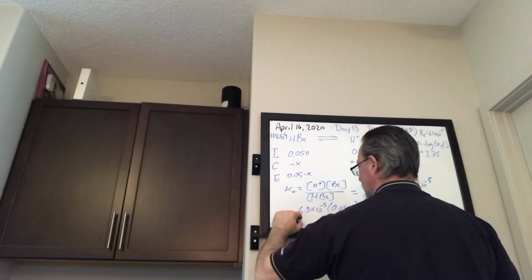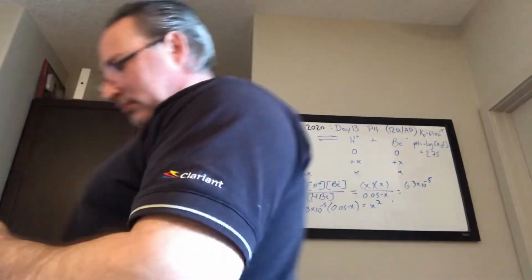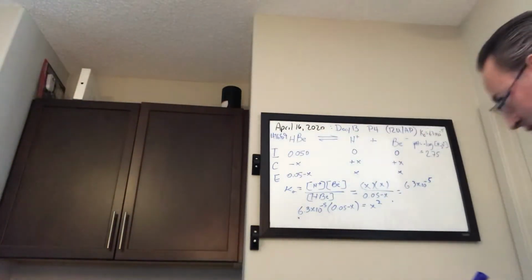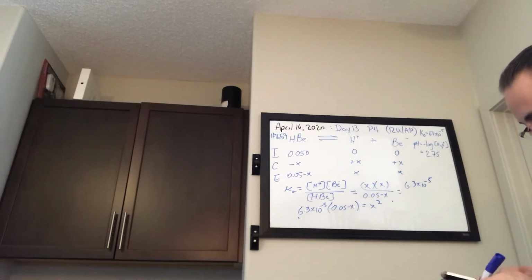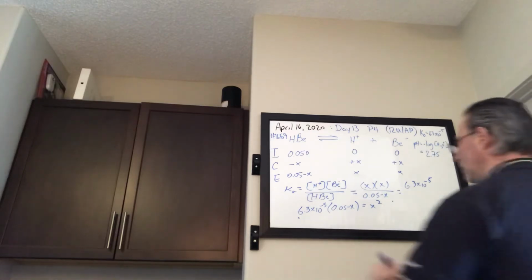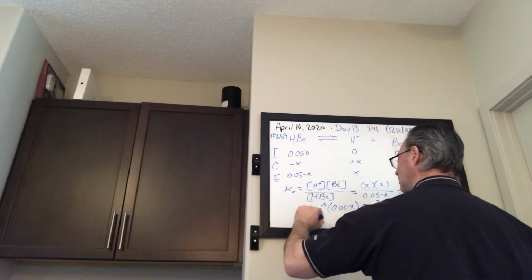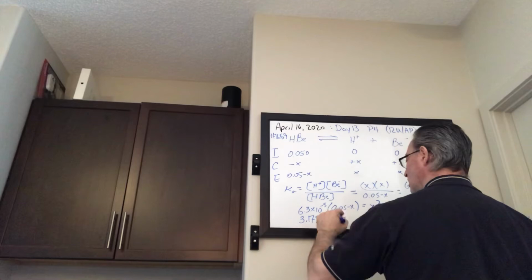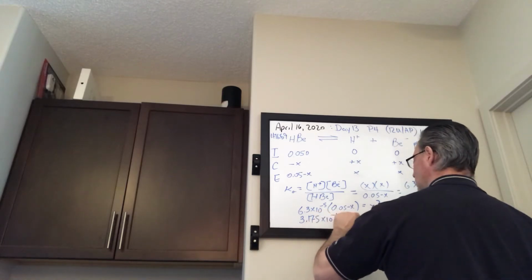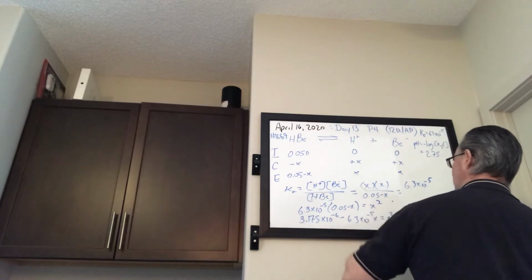So you're going to say 6.3 times 0.05 gives you 3.175 times 10 to the negative 6 minus 6.3 times 10 to the negative 5 X equals X squared.